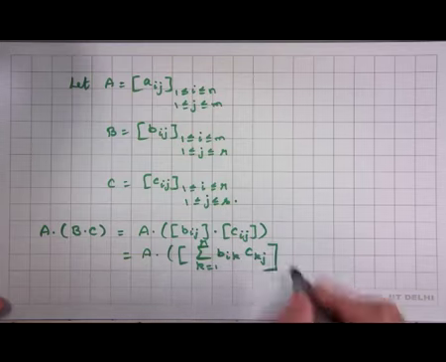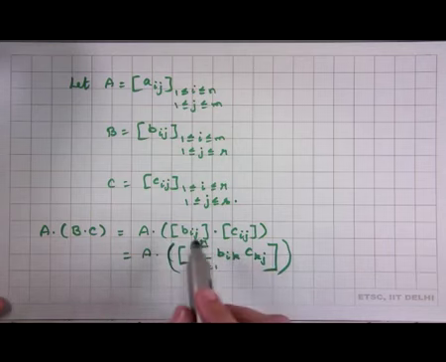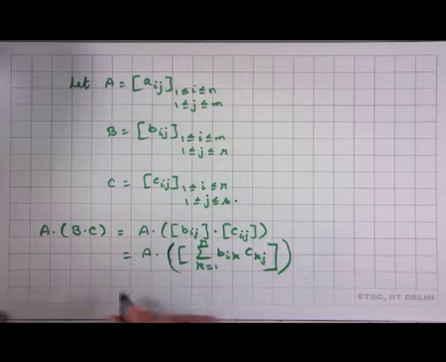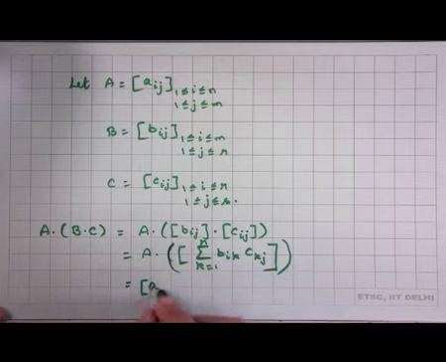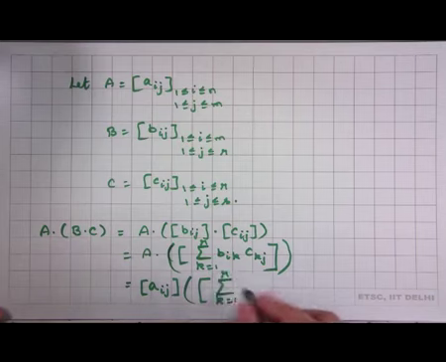One should notice carefully that these two are compatible, therefore this makes sense. So this is equal to Aij with this matrix whose entries are given by summation k running from 1 to r, b_ik c_kj.